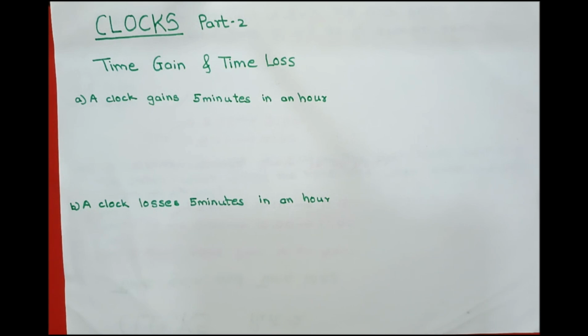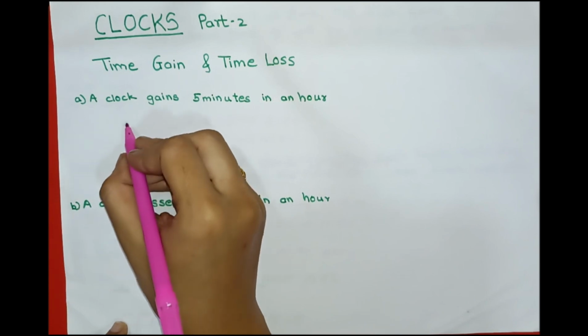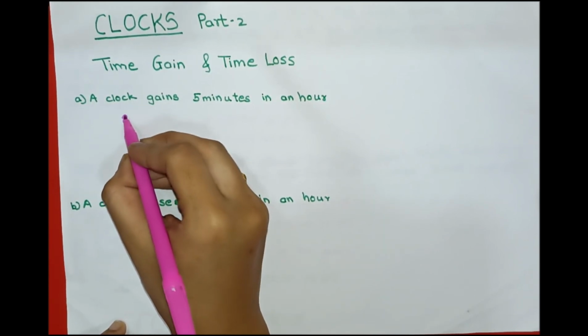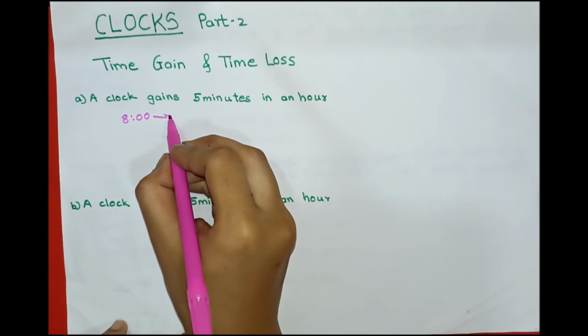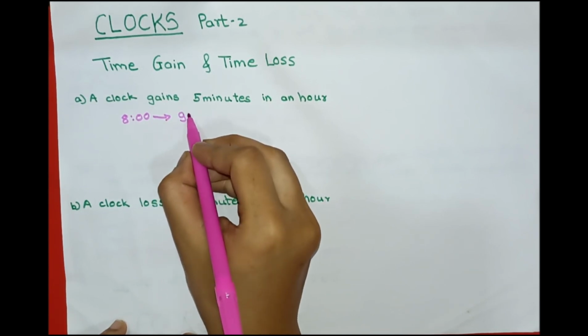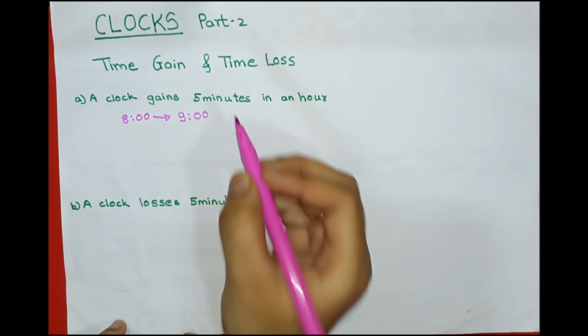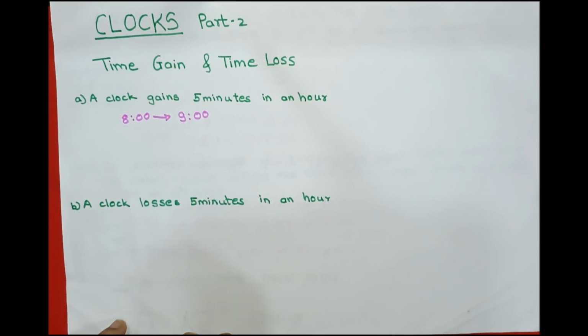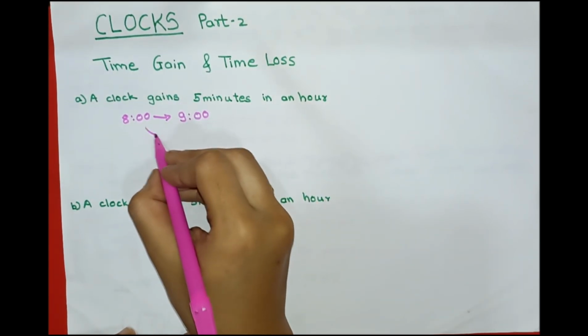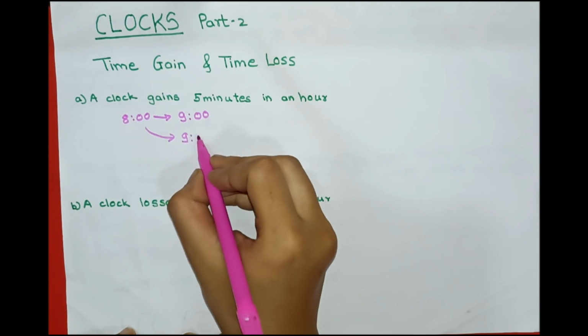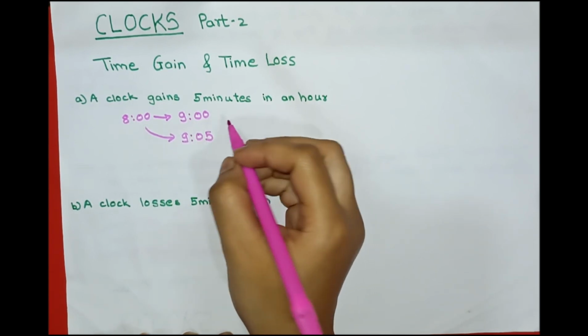If the question mentions that a clock gains 5 minutes in an hour, this means that if a normal clock is showing 8 o'clock, after 1 hour it would show 9 o'clock. But this clock is gaining 5 minutes in an hour, so it will show 9:05 instead of 9 o'clock.